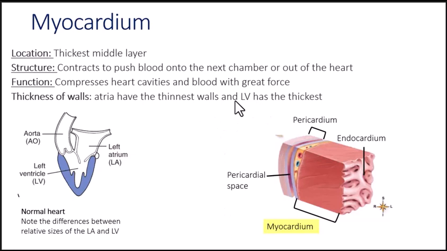The ventricles have the thickest walls because they're having to pump blood out of the heart. The right ventricle only has to pump blood to the lungs, so that's a shorter distance. But the left ventricle is going to have the thickest myocardium because it has to pump blood all throughout the body. So it has to be strong enough to generate enough force to do so.